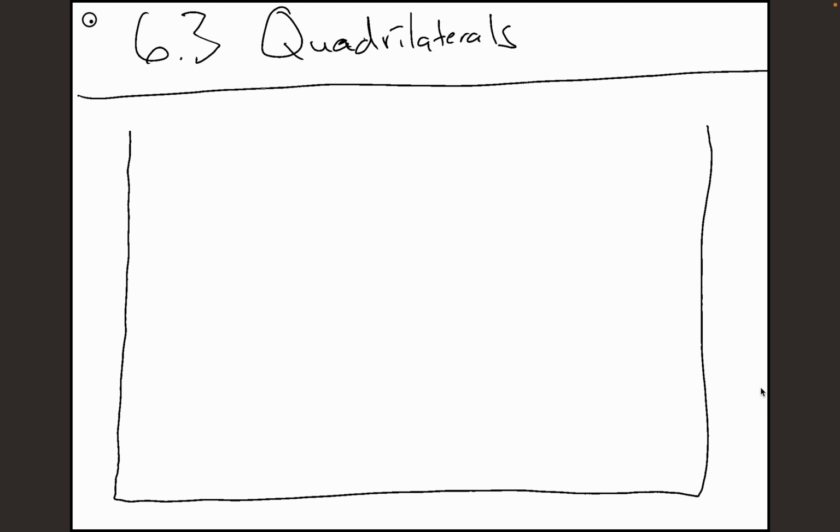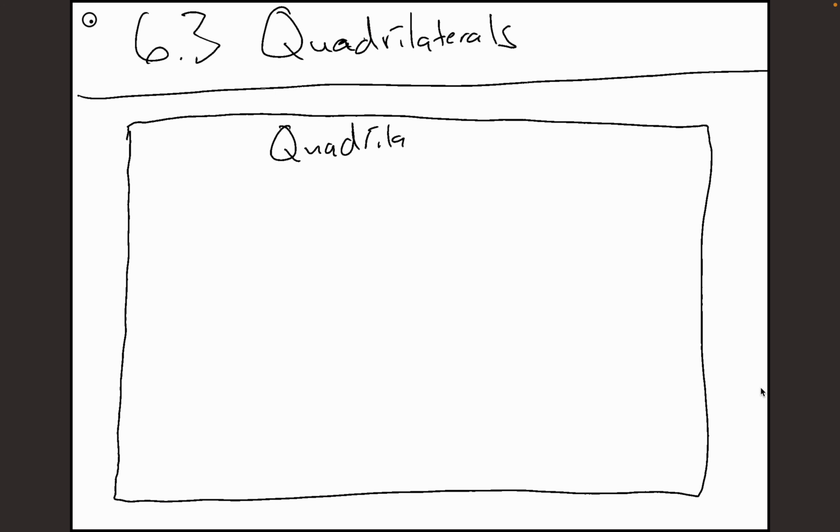So it is just a four-sided shape. So I'm going to go and just make this box, and you could just put this in your notes so you have it accessed in your notes as well. And I'm just going to put quadrilateral, and it has four sides.